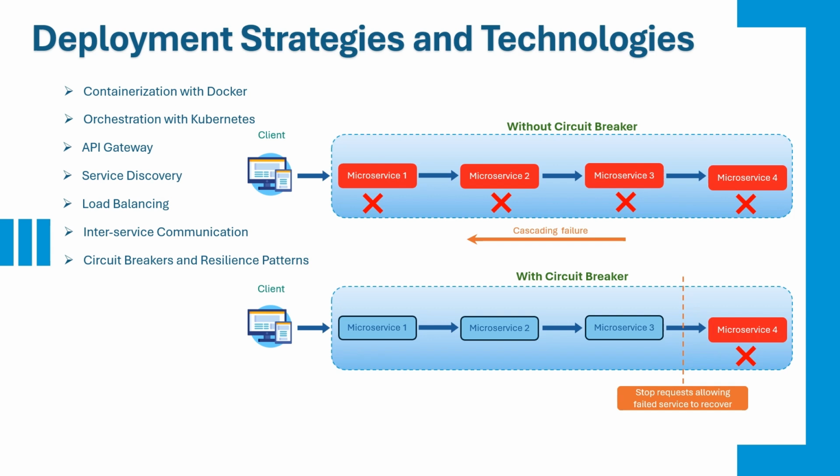This allows the failed service to recover without overwhelming it with additional requests, thereby containing the failure and ensuring that the rest of the system continues to operate smoothly. By implementing circuit breakers, we enhance the overall resilience and stability of the application, reducing the risk of widespread outages.